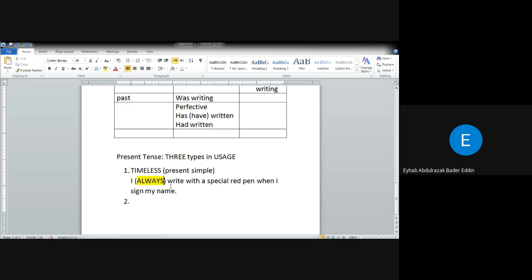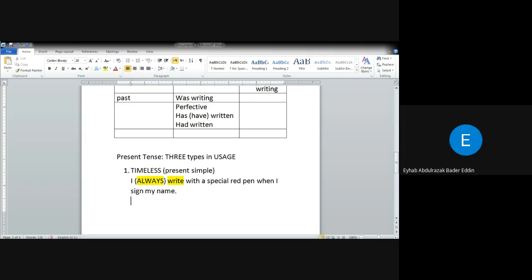How do you understand this? From using the present simple. It means you always sign your name by writing with a special red pen. So we call this timeless because you always do that. Okay? Clear?